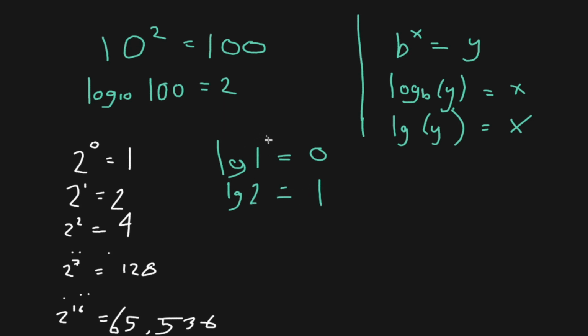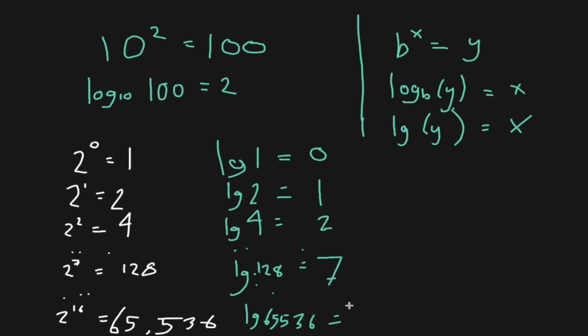And often you'll see parentheses around these to denote that it's an input of a function. You have here log of 4 equals 2. And then you have log of 128 equals 7. And finally here we've got log of 65,536 equal to 16.